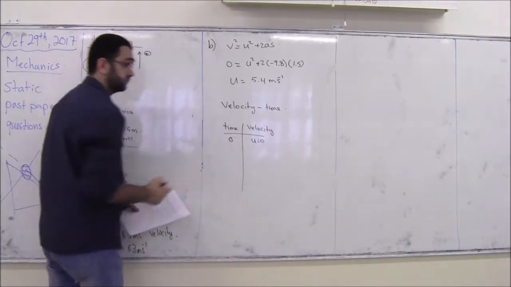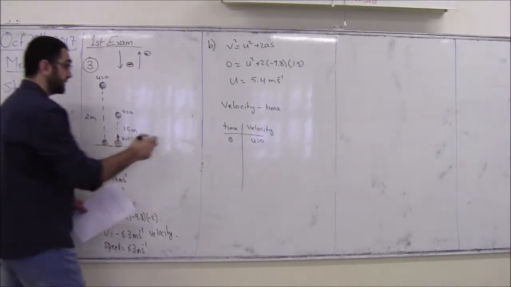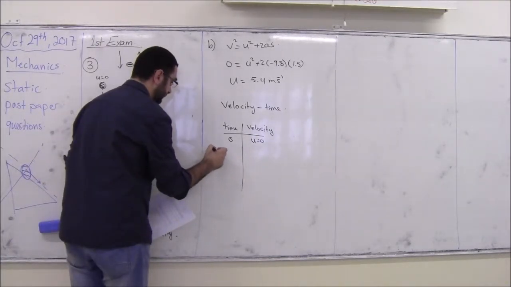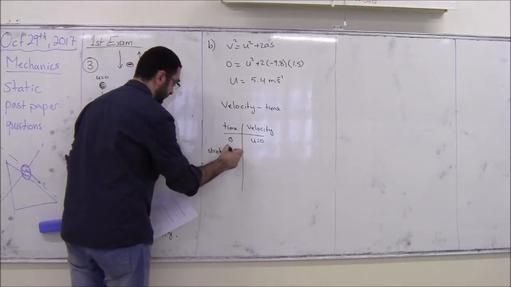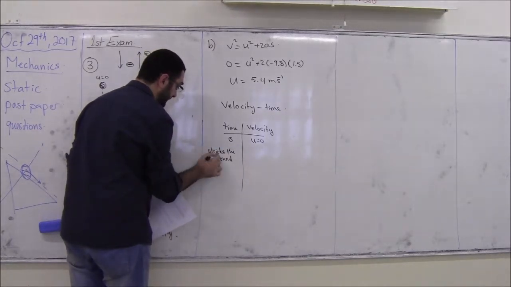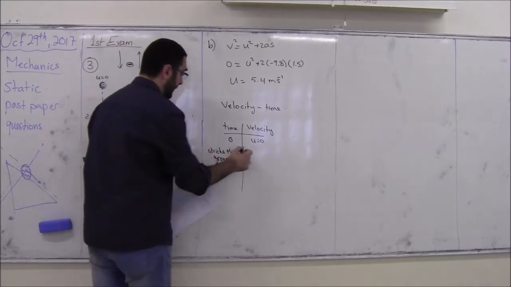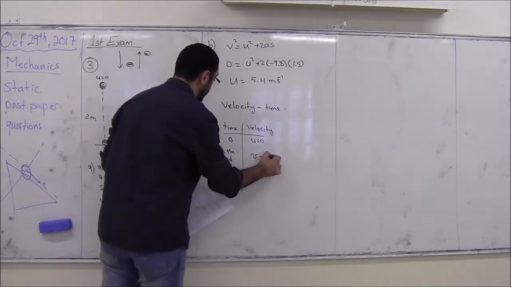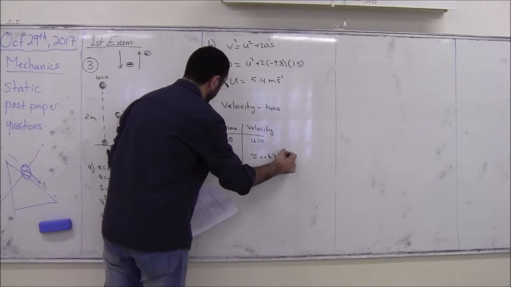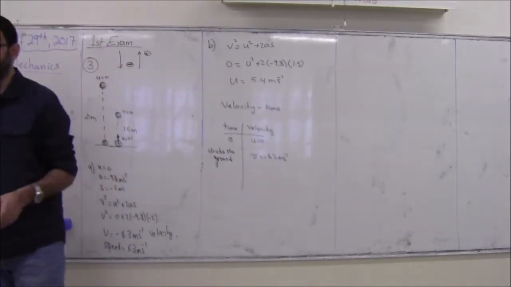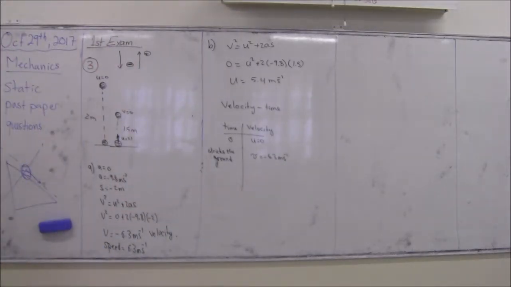Right? It strikes the ground. At the moment when it strikes the ground, the velocity is negative 6.3. Be careful, negative, because we're asked about velocity time.